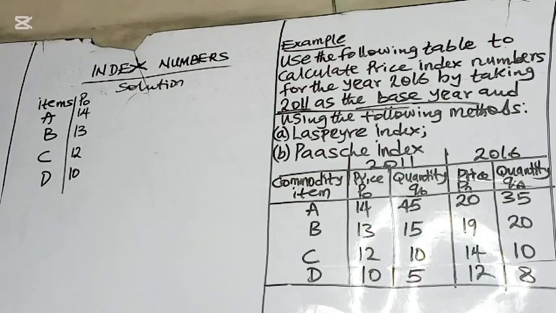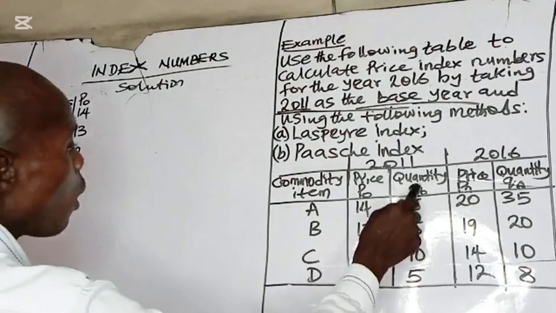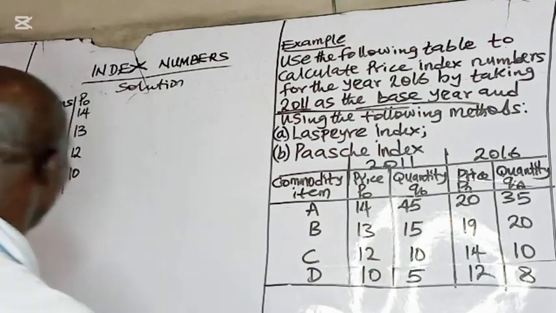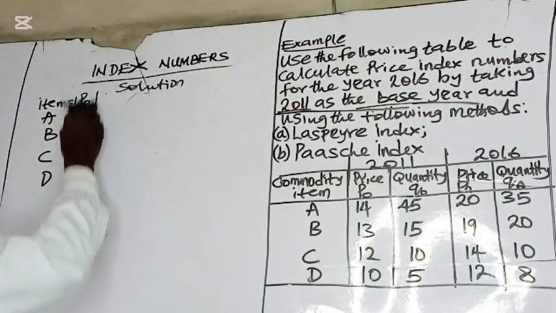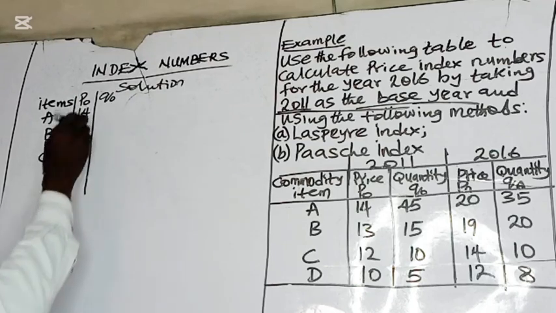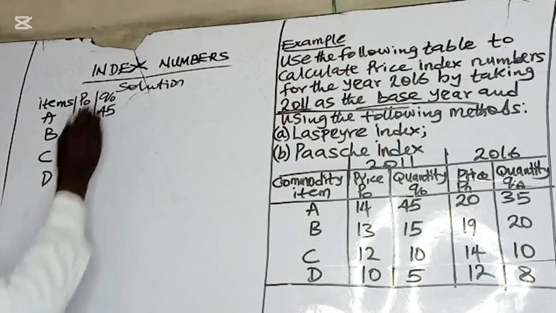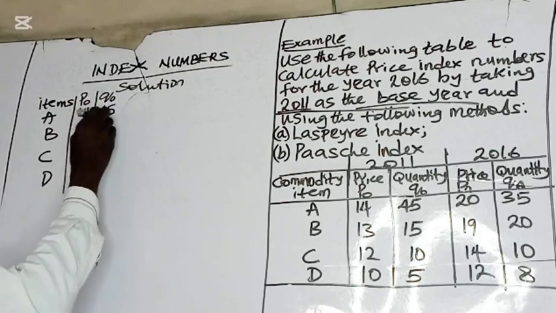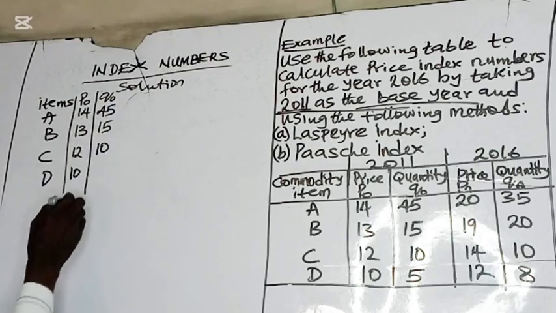Then we also have QO: 45, 15, 10, and 5.